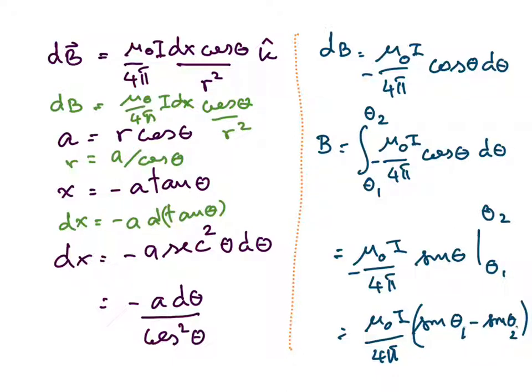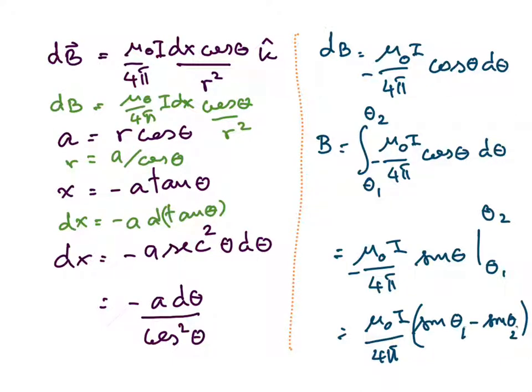Now you can see that we have dx, we can write dx in terms of theta, we can write r in terms of theta. So if we put all of this into the Biot-Savart law, we will have this. In fact, you have to do some algebra here.